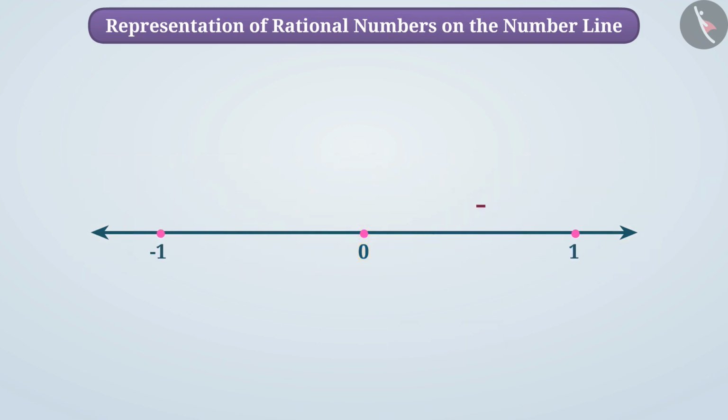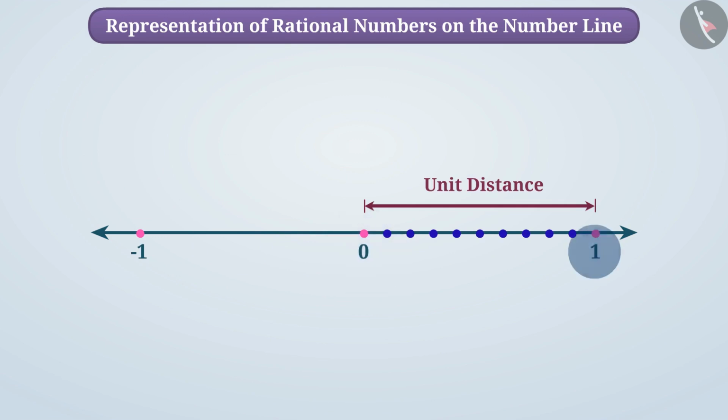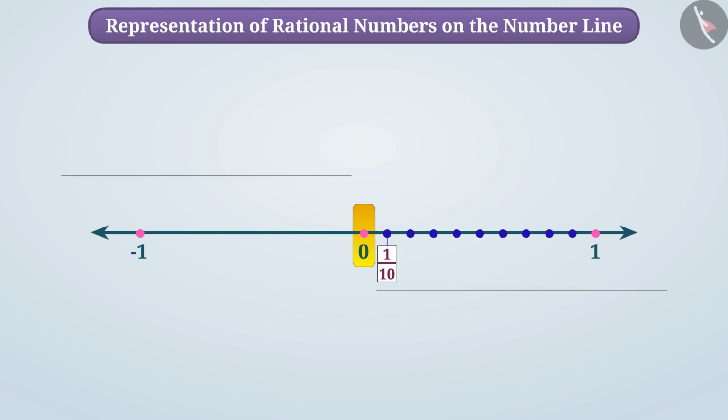Let's make 10 equal parts of the unit distance between 0 and 1. In this way, each of these parts will be 1 by 10th part of the unit distance. If we start with 0, number 1 by 10 can be shown on the number line by taking one part from it.